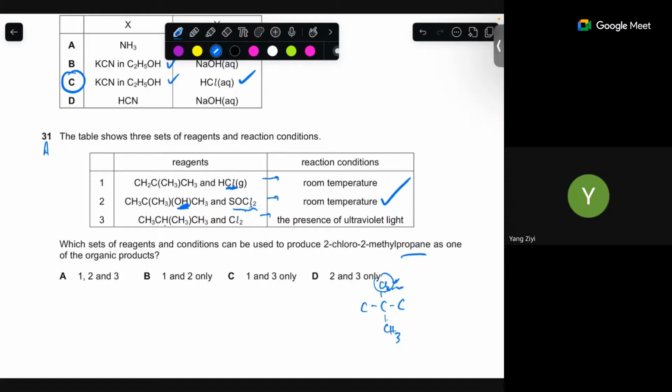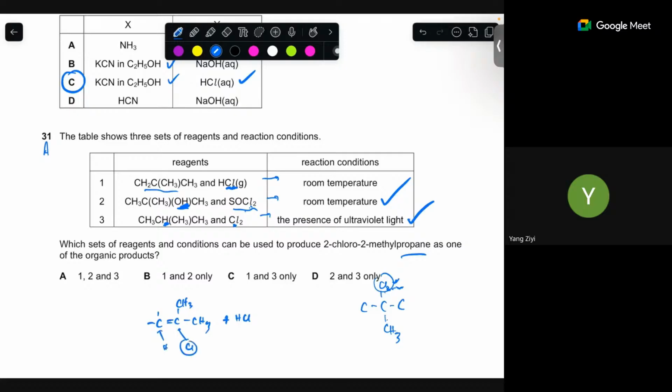And then the H over here can be replaced by free radical substitution. That is possible. Here, just to check, CH2, then you have CH3, and then CH3. It means there is a double bond, so they react with HCl, where the Cl can come over here, H can go here.